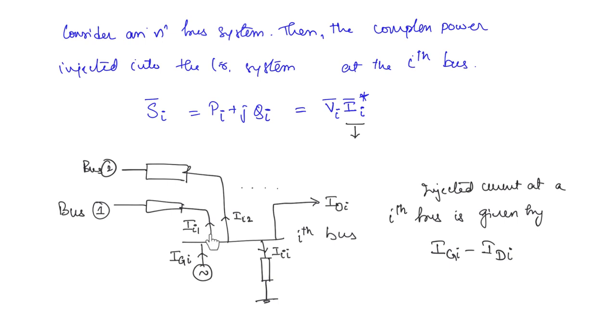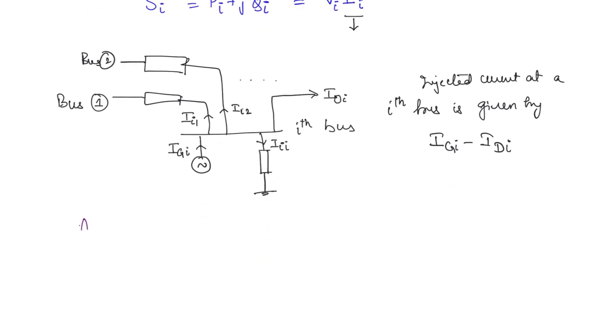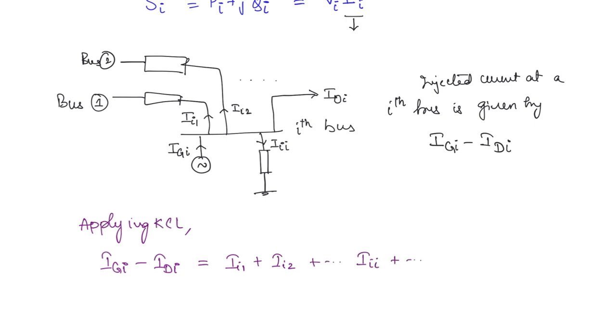Igi is entering, every other current is going away from the bus, or you can consider it like a node. Then what will be Igi minus Idi? Applying KCL, Igi minus Idi is equal to Ii1 plus Ii2 plus so on, till Iii will also be present, plus so on till Iin.